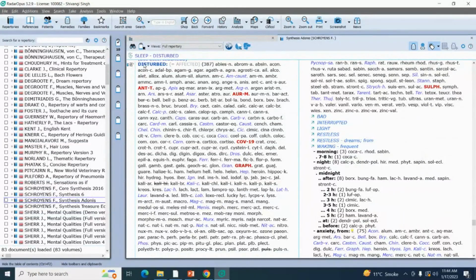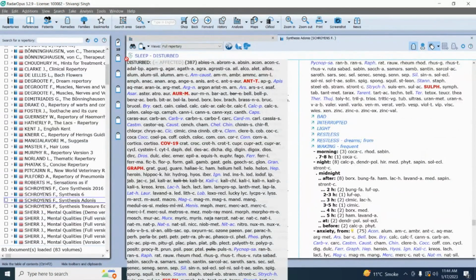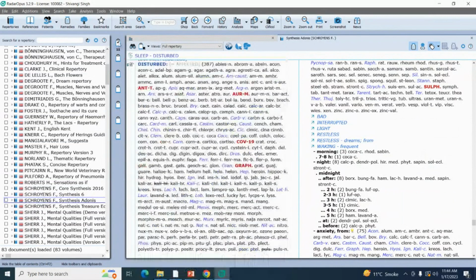I'm going to add this rubric to my clipboard with the help of my dragging and dropping method. You can drag it and drop it like this. Drag it and drop it. Now I've taken all my rubrics in my clipboard. Now I'm going to my clipboard.